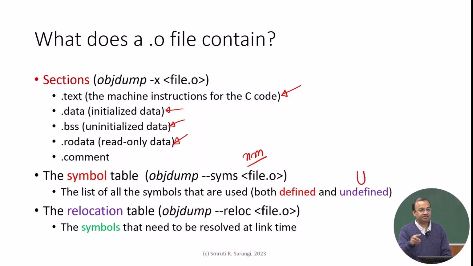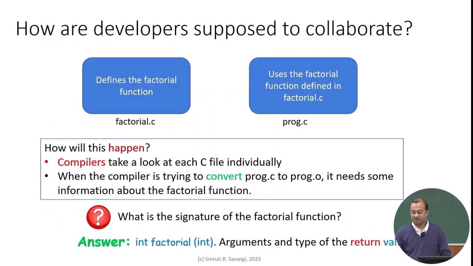Wherever I am referencing factorial, put the address there. Correct? So the linker will essentially read the symbol tables of the rest of the .o files, figure out where factorial is, and then when you concatenate, the factorial function will have an address, and that address comes here.